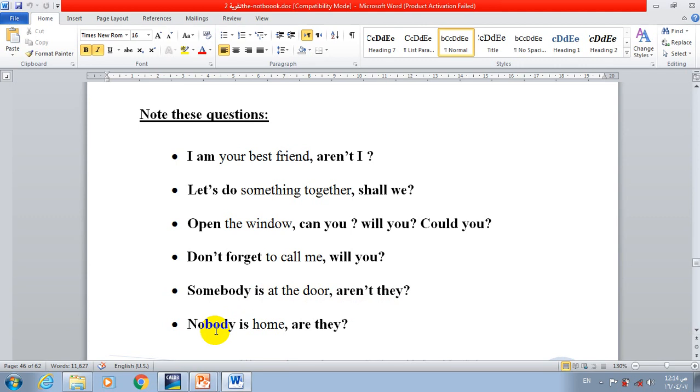The last note, if we use nobody, it's followed by a helping verb in singular, but in the question tag we use, instead of nobody, the pronoun they.